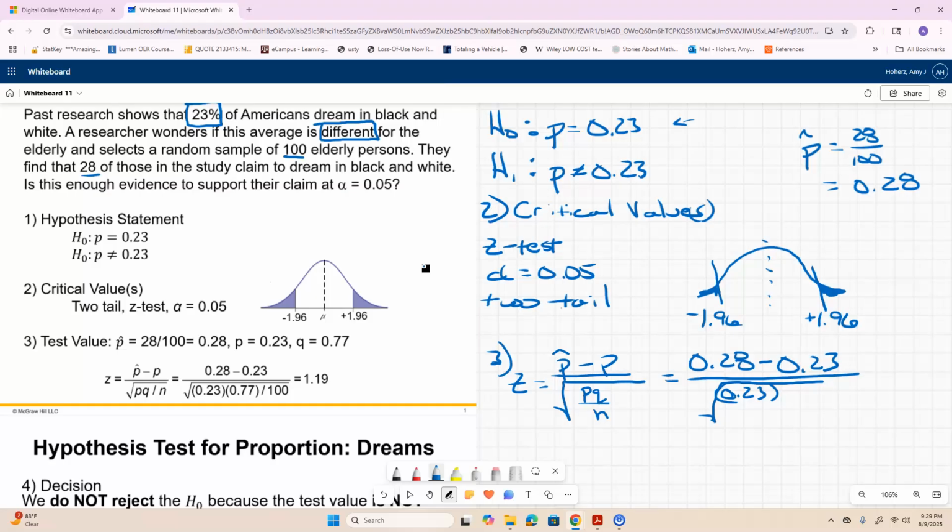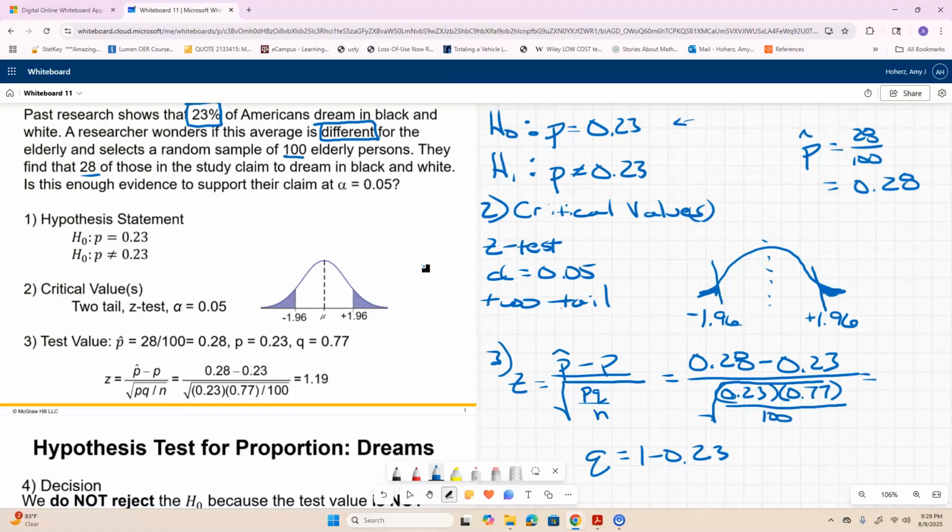And then that would make our Q, let me write that down here. So Q is 1 minus 0.23, which would be 0.77. And then our n is the size of our sample, which is 100.